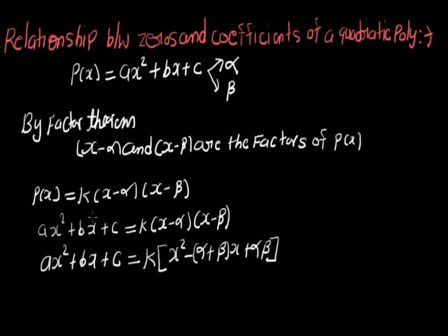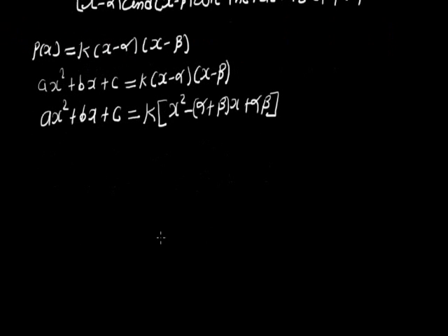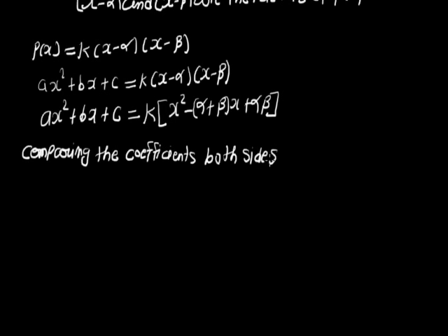Now we can compare both sides. We can compare the coefficients of x square, x and the constant term. Comparing the coefficients on both sides, if we compare the coefficient of x square, the value of a comes out to be k.